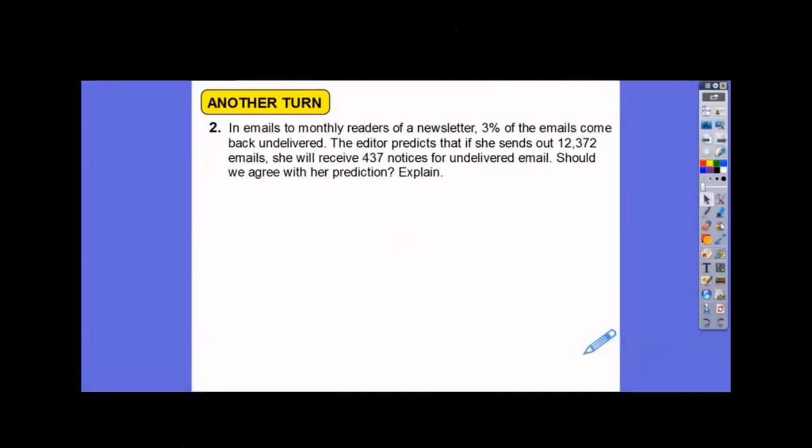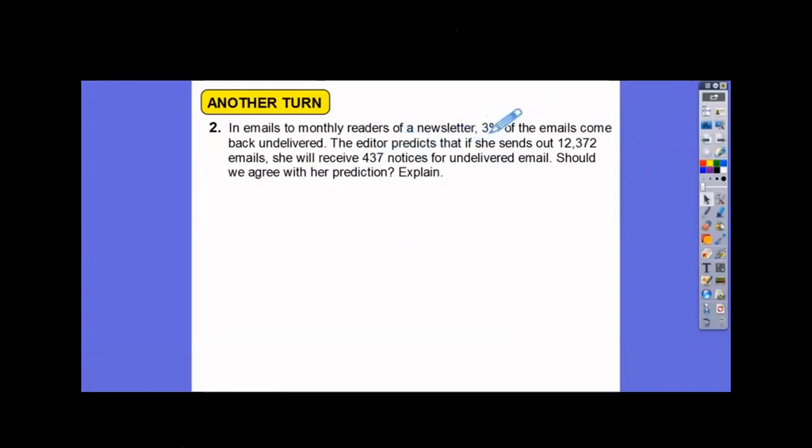In emails to monthly readers of a newsletter, 3% of the emails come back undelivered. The editor predicts that she sent out 12,372 emails. She will receive 437 notes for undelivered email. Should we agree with her prediction?